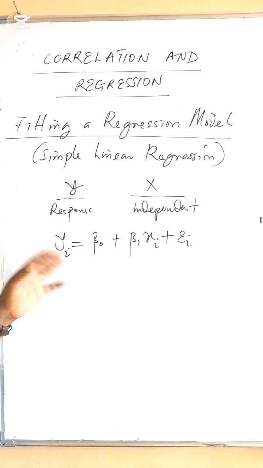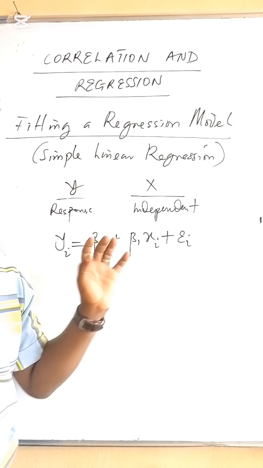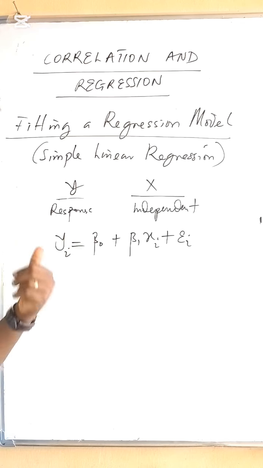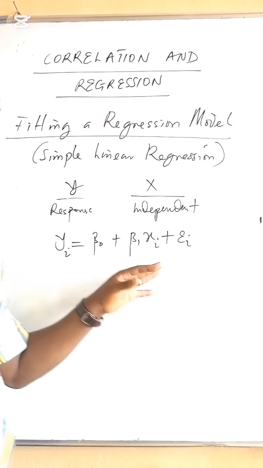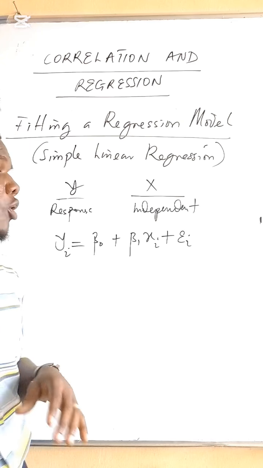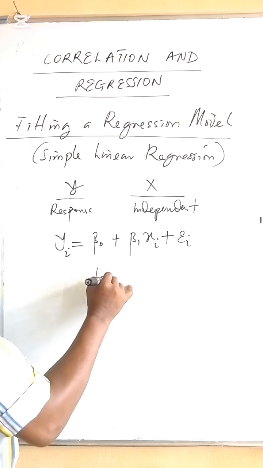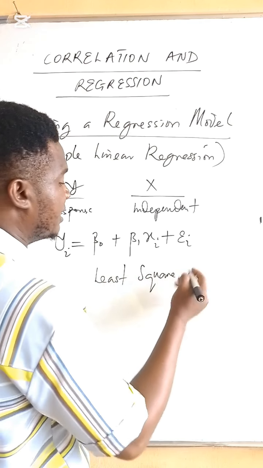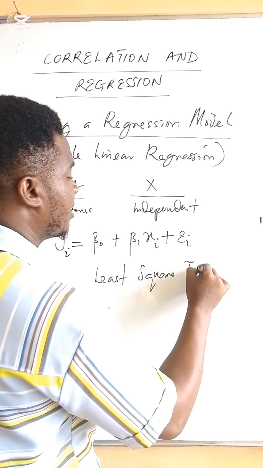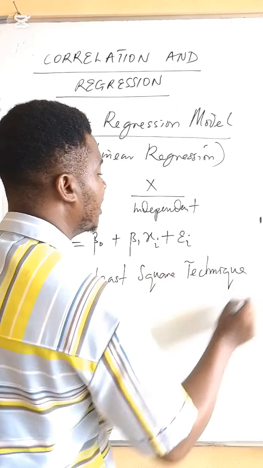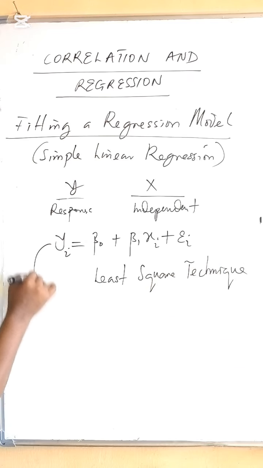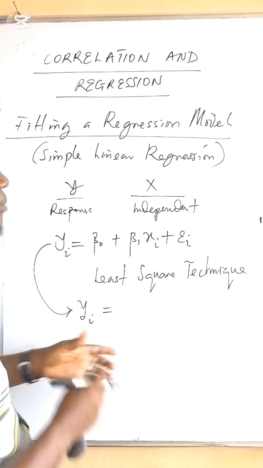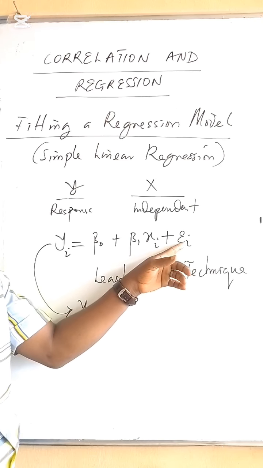Now, this is our simple linear model or equation, but it is not the fitted model. When we say fit a regression model, we are going to be using a method called the least squares technique. In this case, fitting a regression model simply means finding a model that minimizes the error term.